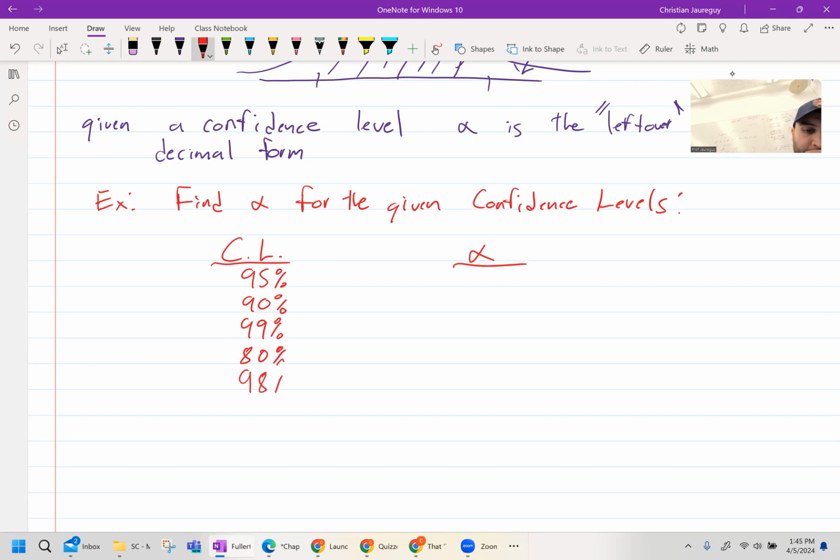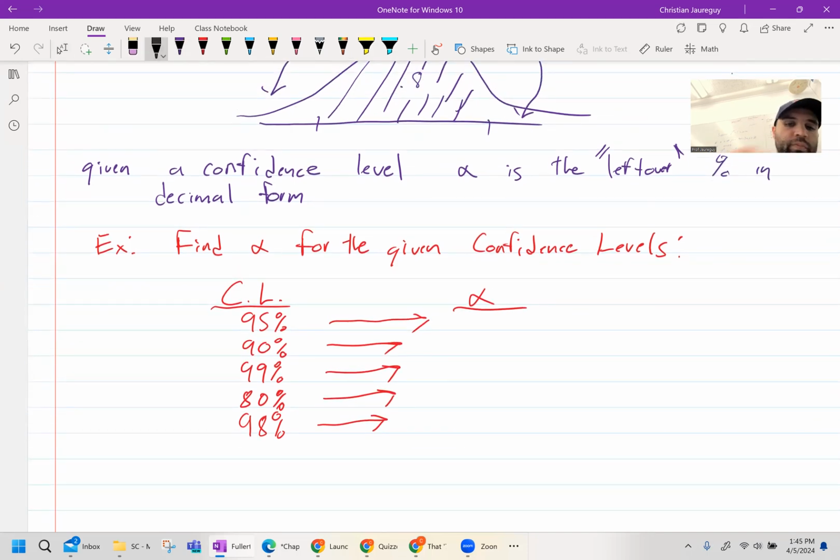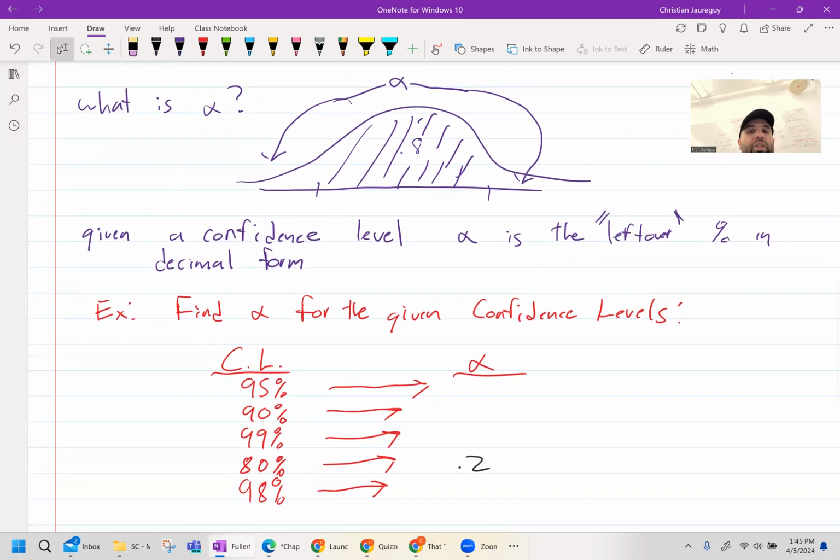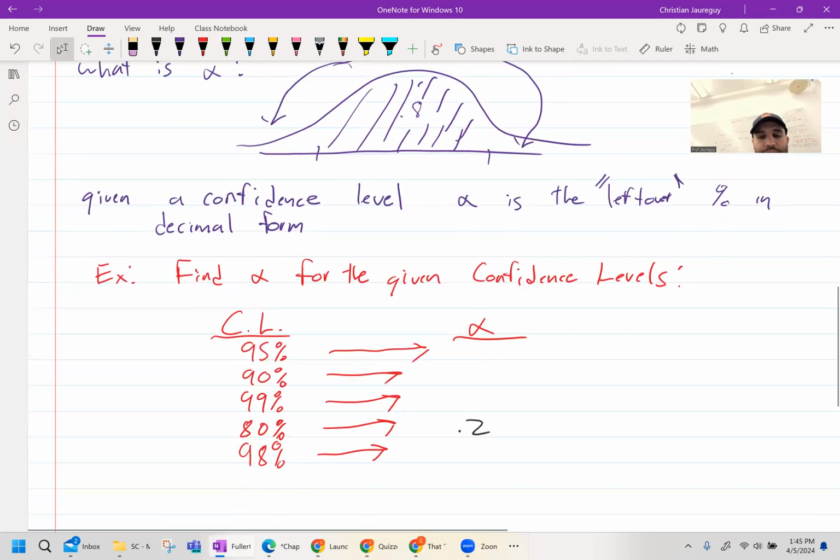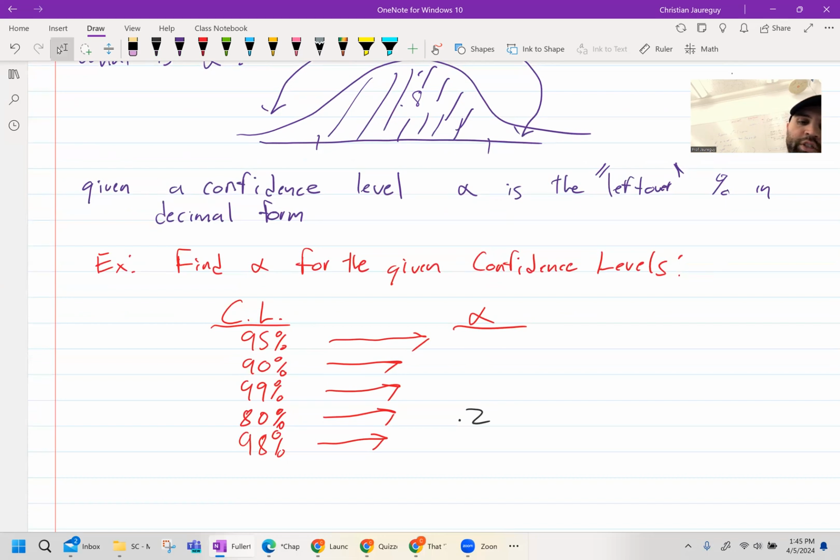Maybe you'll see 98%. Those are really the usual ones. So what are the corresponding alphas? So we just talked about 80%. We said that was 0.2 because when I drew the picture, I can see 0.2 is on the outsides. So for 95%, hopefully you can see this. It's 0.05. 90%, 0.10. 99%, 0.01, and 98%, 0.02.